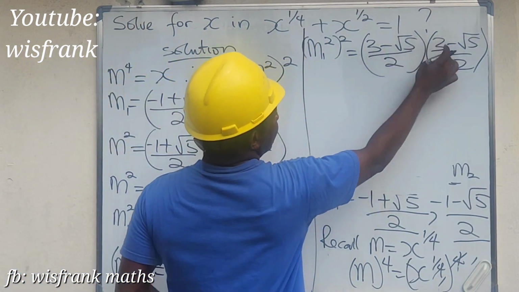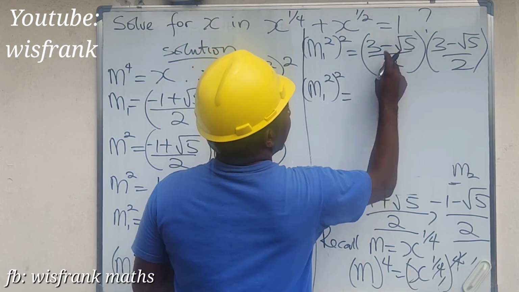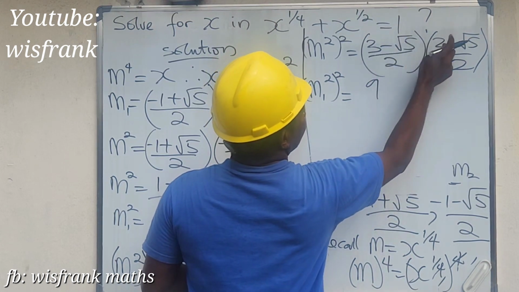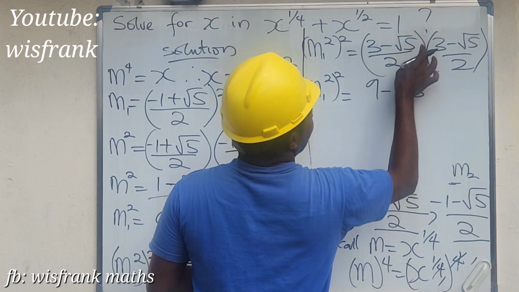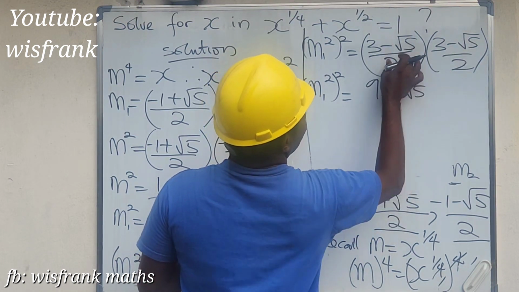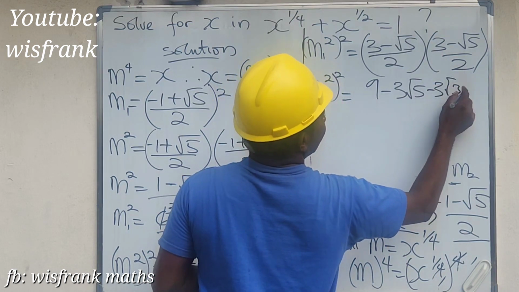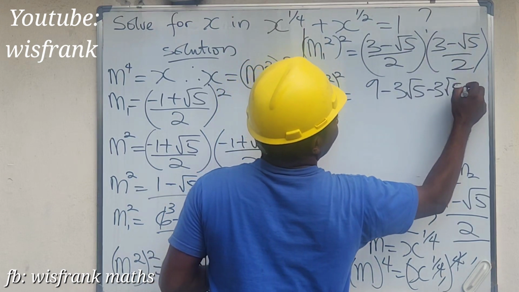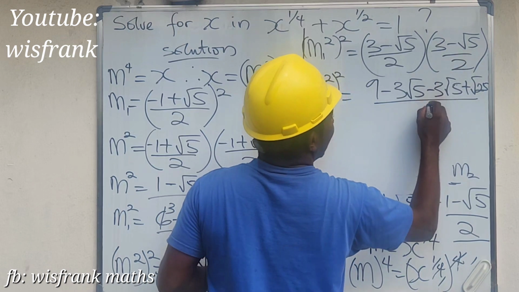So here, expanding this, we have m1 squared all squared will be 3 times 3 gives us 9. Then minus root 5 times 3 gives us minus 3 root 5. Then we have minus root 5 times 3, which gives us minus 3 root 5. Then we have minus root 5 times minus root 5, which gives us plus root 25, all over 2 times 2, we have 4.